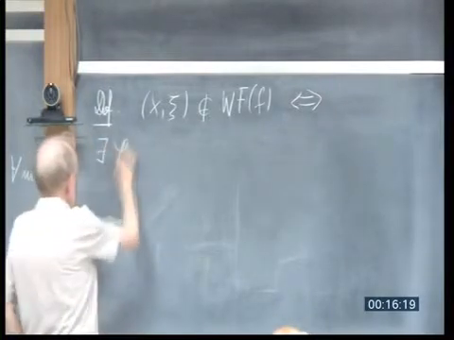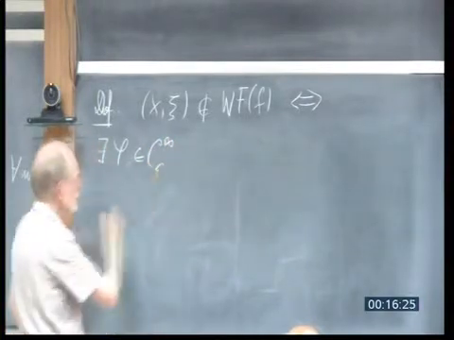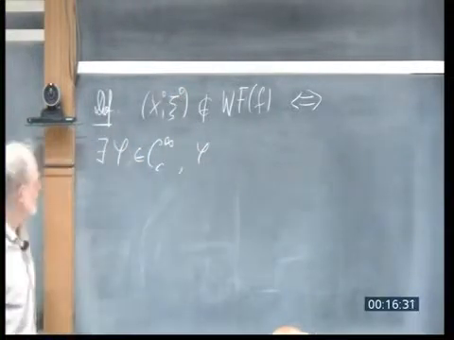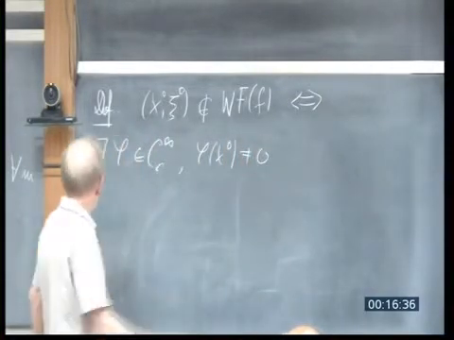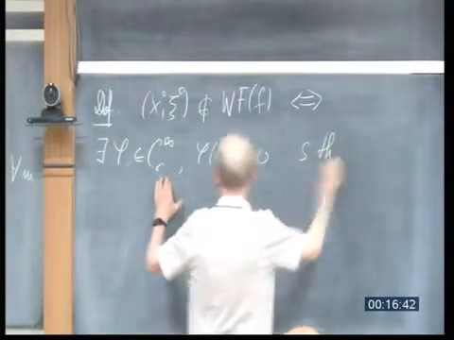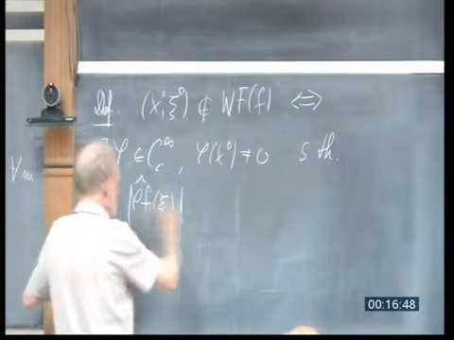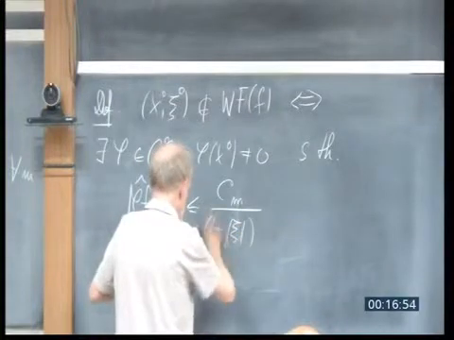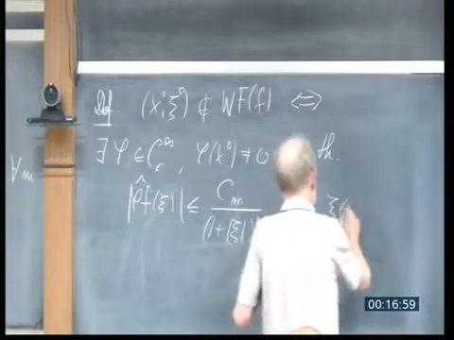there exists a smooth function, compactly supported, again different from 0 at that point, such that something similar to what I had here holds, but we want to restrict it.